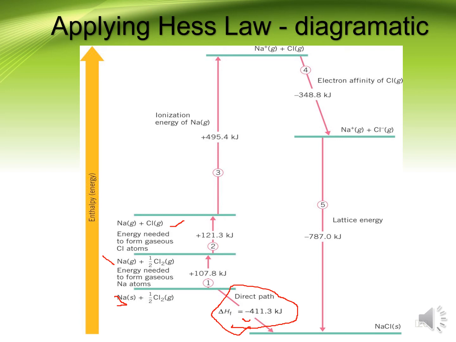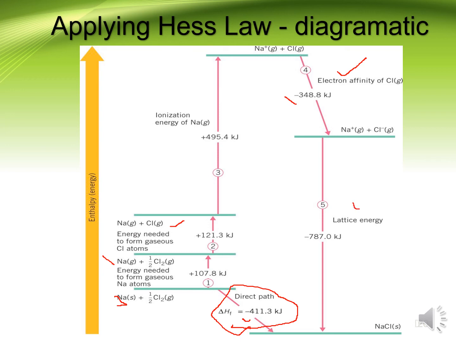Remember the meaning of ionization energy. And chlorine releases energy, and the sign here is negative, meaning that it releases energy to form an ion. Remember the meaning of electron affinity, the energy is released when one electron is added to an atom.